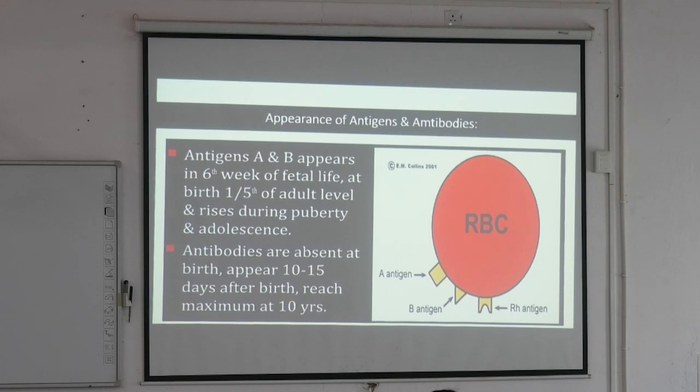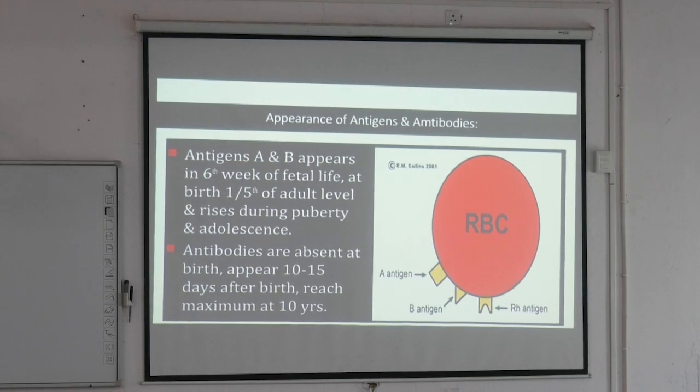It starts increasing from 6 weeks of life, at birth is 1/5 of the adult level, rises during puberty, and is full blown at adolescence and adulthood.